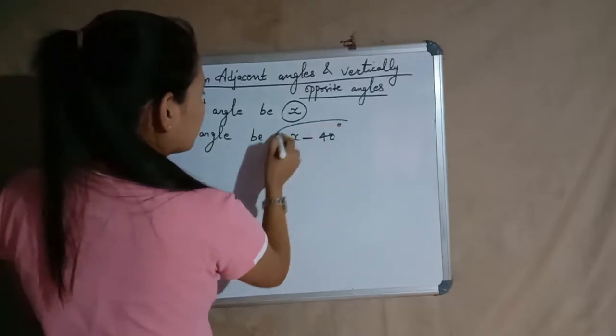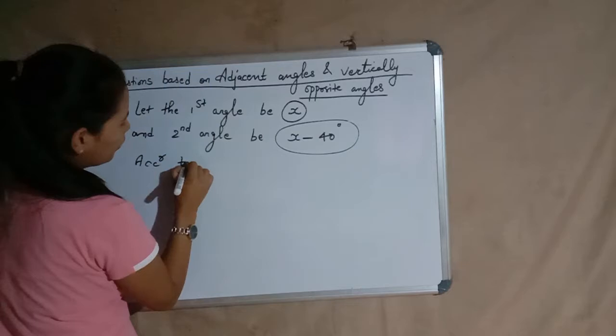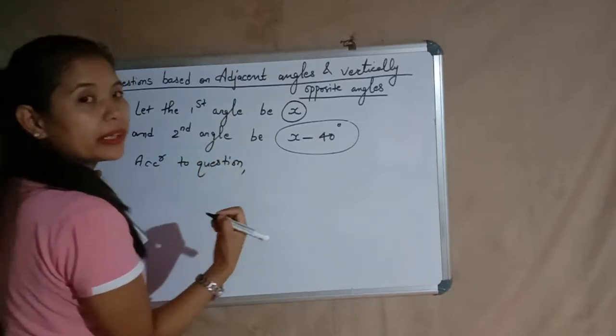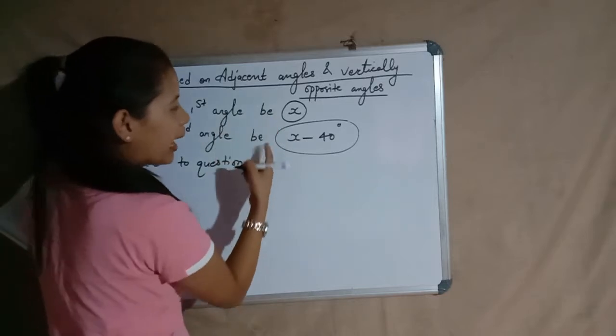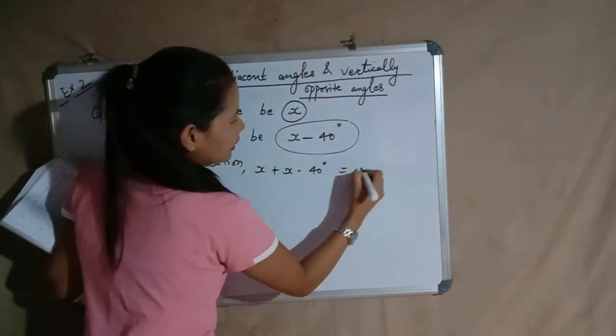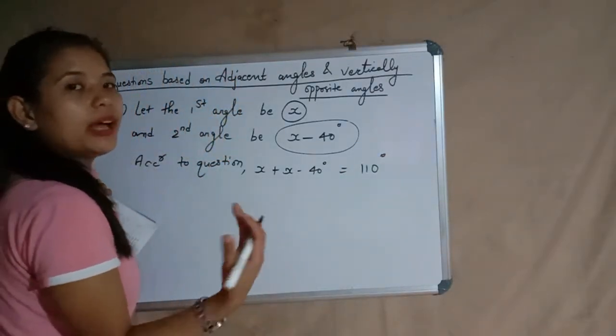And the fact given is the sum of two adjacent angles is 110 degrees. So these are the two angles we are considering, and according to the question the sum is equal to 110 degrees. So when we add these two, that is x plus x minus 40 degrees, that is equal to 110 degrees. We need to find the angles.